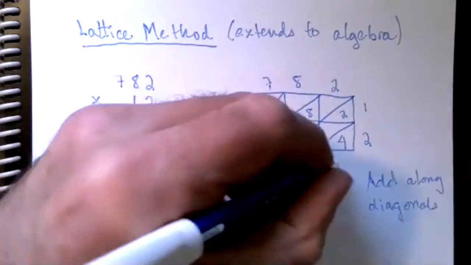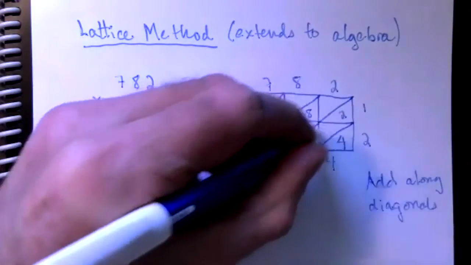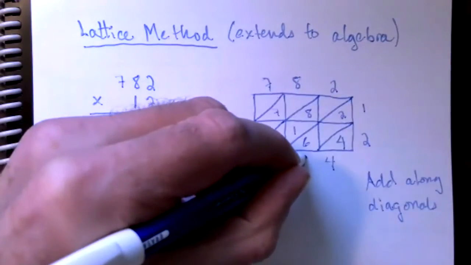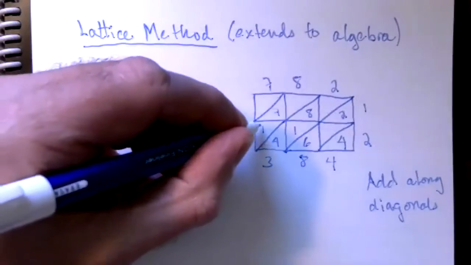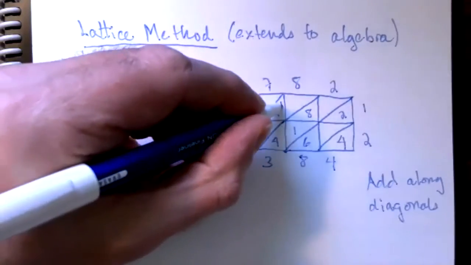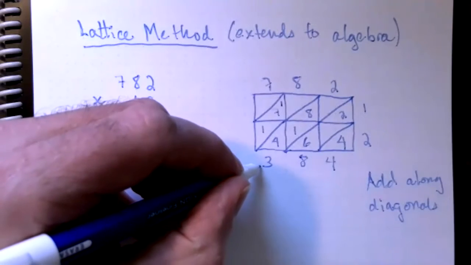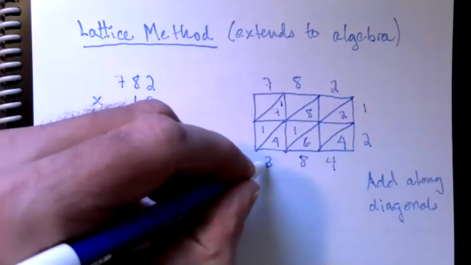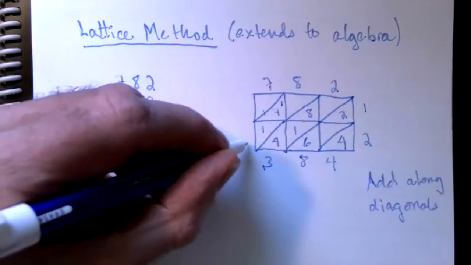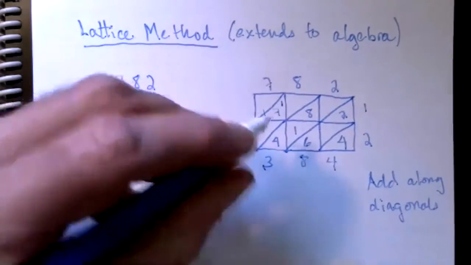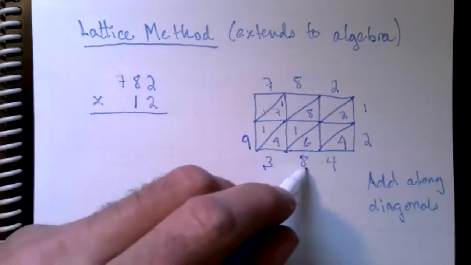There's only one thing here, so that's a 4. Add these diagonally, you get an 8. Add these diagonally, you get a 13, so you have to do some carrying there, because each of the diagonals is going to be a place value. I can't have 13 in this place value. I need to bring 1 over here and a 9. So the lattice multiplication algorithm is telling me this should be 9,384.